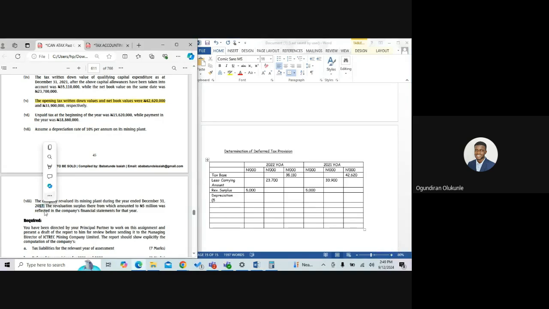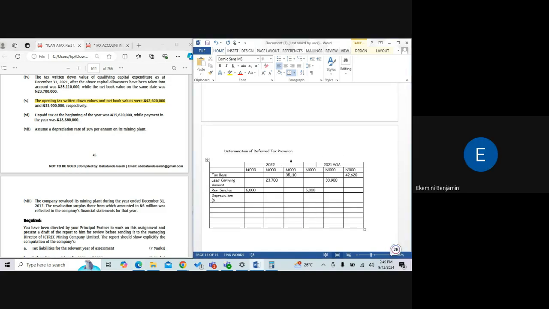So we are counting now. How many years do we have between 2017 and 2022, and between 2017 and 2021? Do you get it now? 4 years and 5 years. So we have 5,000 times 5 times 10%.